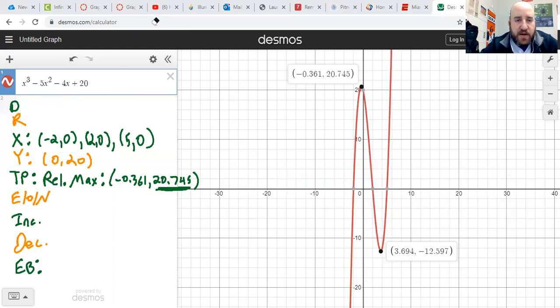Now we can start running down everything else. Domain, the same as quadratics, everything we're doing right now, our domain is gonna be negative infinity, positive infinity. A couple ways to think about that. If we're looking at the graph, this end is mostly going down, but it's going slightly to the left as well.